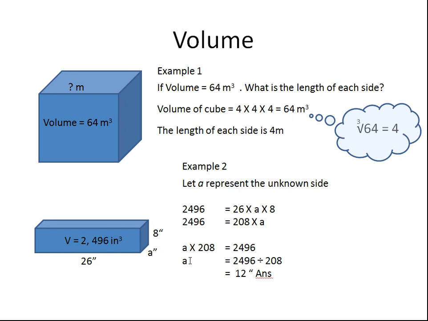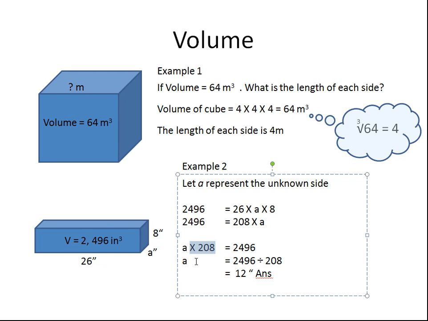Then I observe in my next step that I don't want 208 here. I want to remove it because I want to find A. So in order to remove the 208, I have to divide the left-hand side of the equation by 208. 208 divided by 208 is equal to 1, and A times 1 is equal to A, which is my next line.